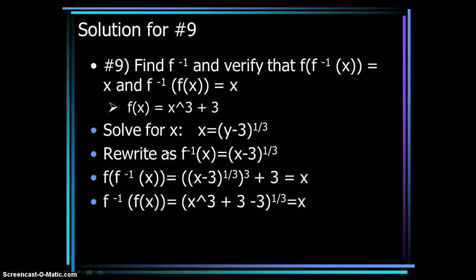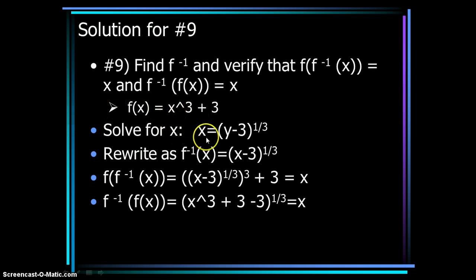Solution for number 9, find the inverse, verify that the composite of the inverse equals x, both ways: f inverse of f of x and f of f inverse of x. That's one way of telling that you have an inverse, because basically inverses replace the x with the y. So our function is x cubed plus 3.